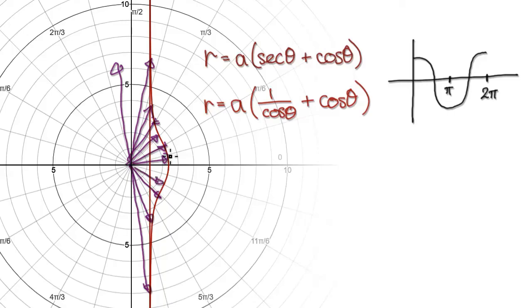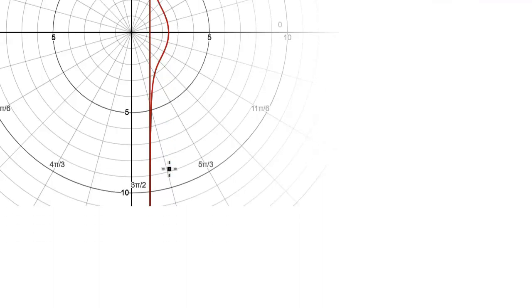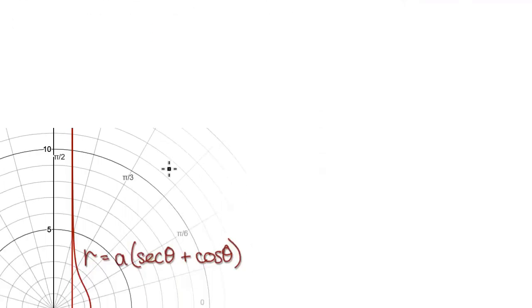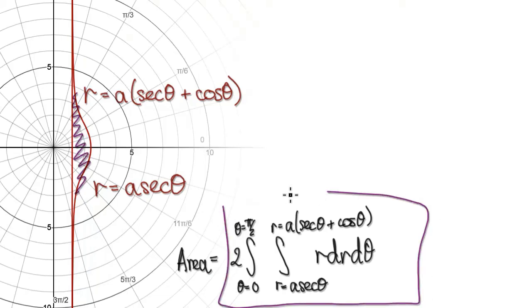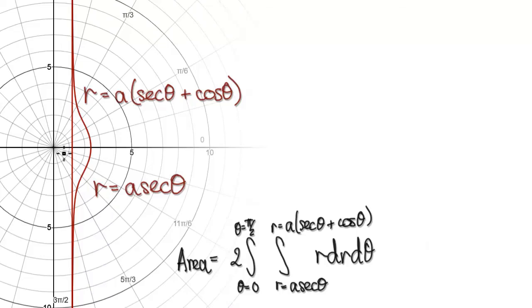So if you want to work out this area, you need to do this. Hang on. If you want to work out this area here, you would need to do this, because you're scanning along like this.